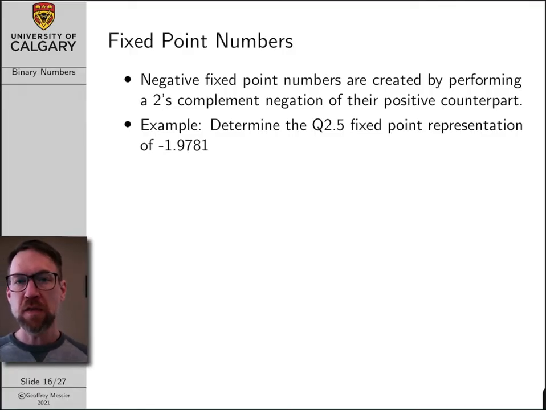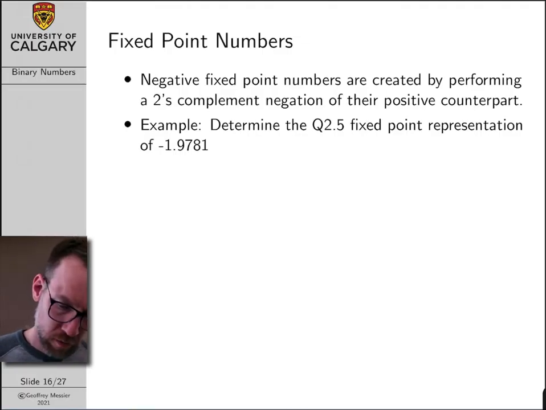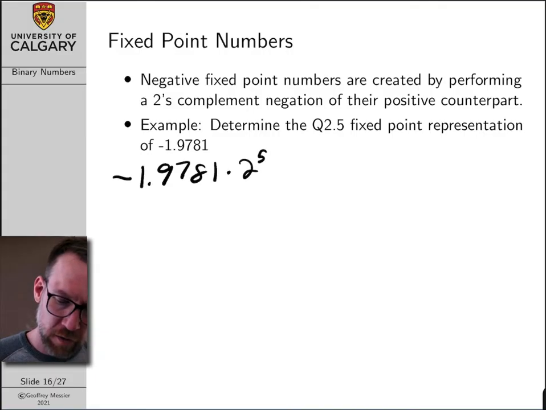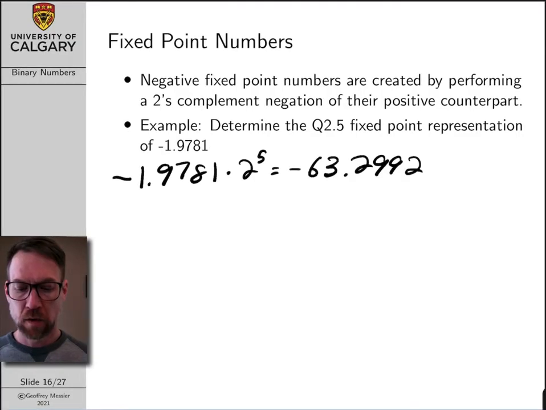The way this works is we just figure out the fixed point representation of the positive version of our real number, and then we just take the 2's complement inversion. So I'm going to take minus 1.9781, multiply it by the inverse of our scaling factor, 2 to the 5th, which gives us minus 63.2992.